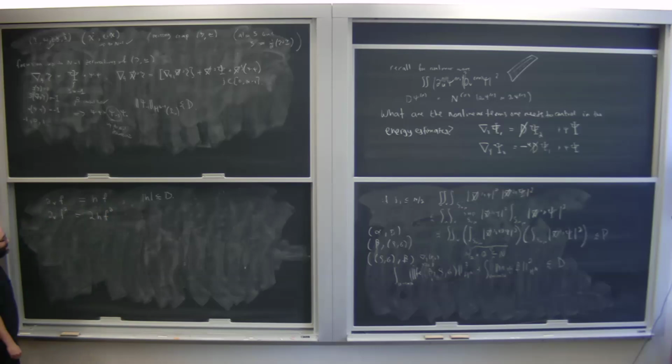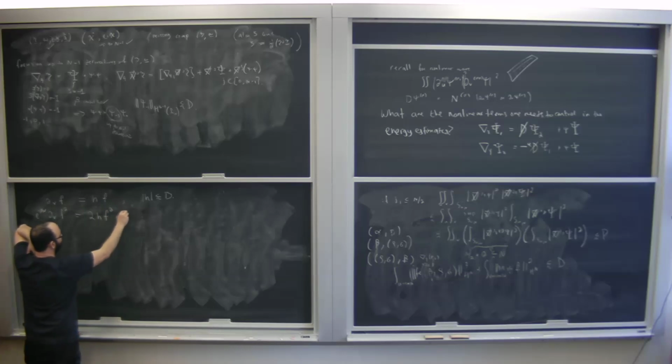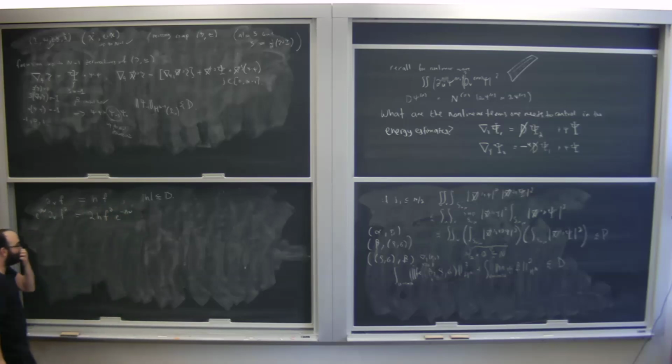And now I do the same game with the weights. I'm going to multiply both sides by e to the minus A V, and we do this thing. Then we have dV. This is basically the same game that I did with the energy estimates. So boom, boom, and then assuming I got my signs right, you get this.